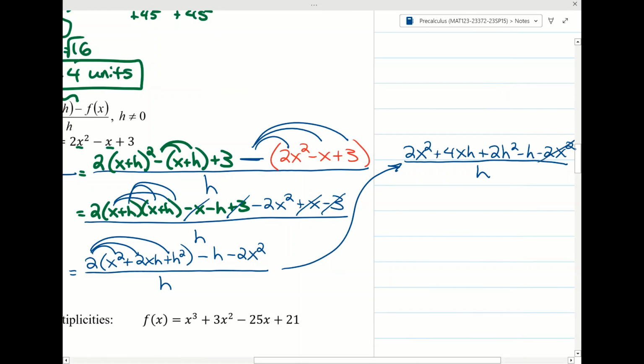Looks like this 2x squared cancels with this 2x squared. And in the home stretch, we just have 4xh plus 2h squared minus h, and we're dividing everything by h. So the final answer is just 4x plus 2h minus 1.